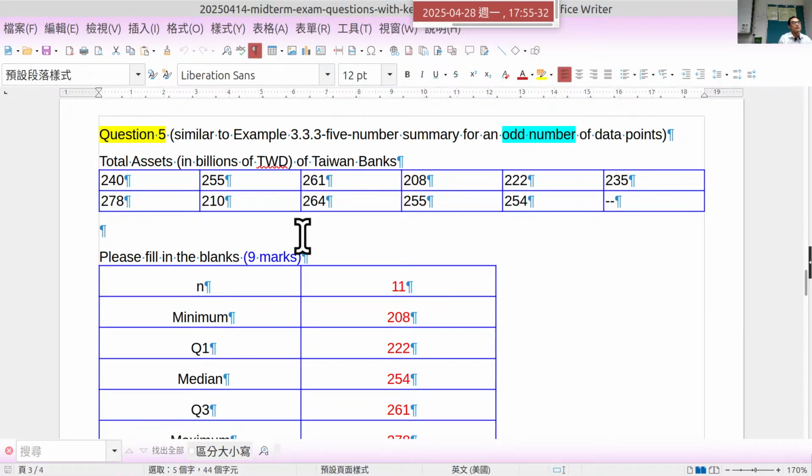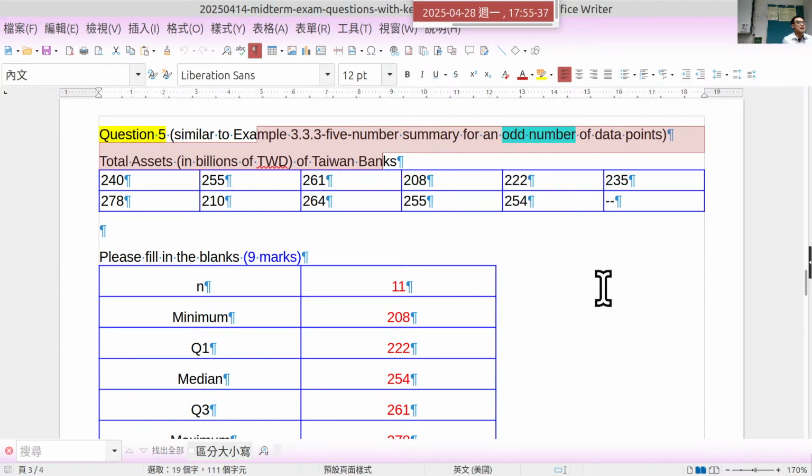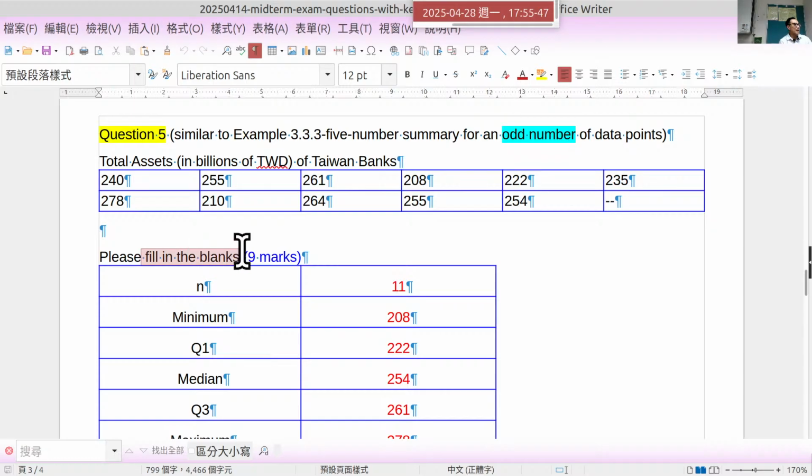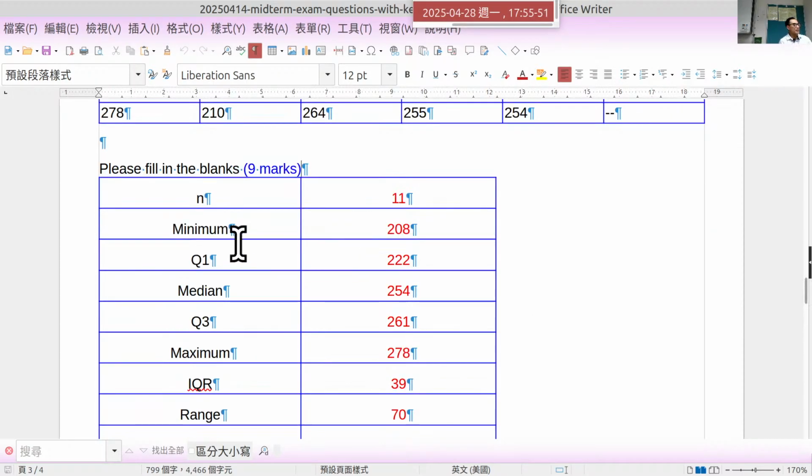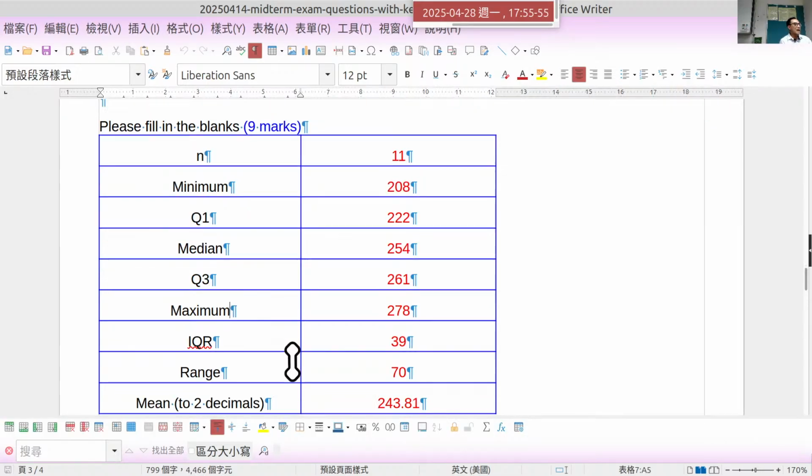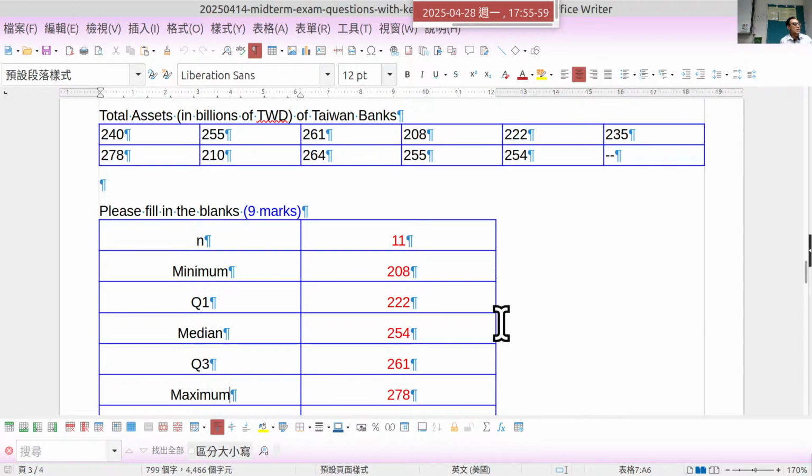Okay, question number 5. Similar to the example in the textbook. Total assets in TWD, in New Taiwan dollars, is like this. Please fill the blanks like this one: the number, the minimum, Q1, median, Q3. In the future, I will give you a website. You just copy, paste, and you get everything.